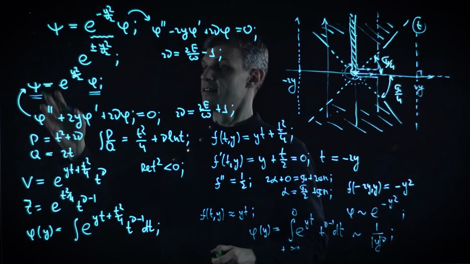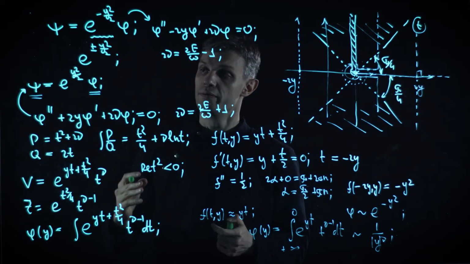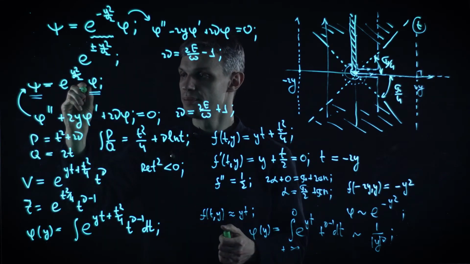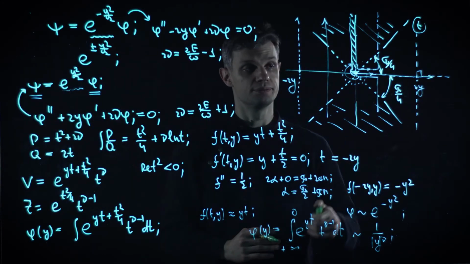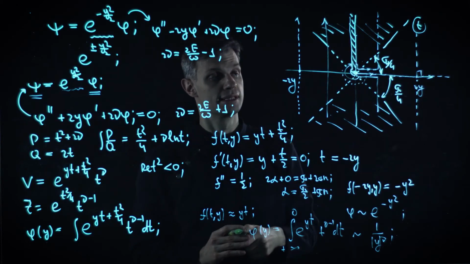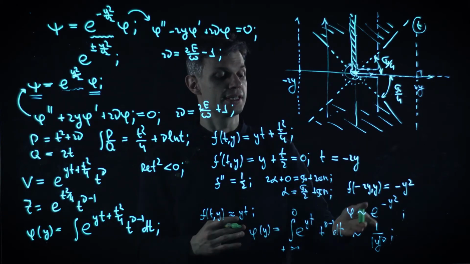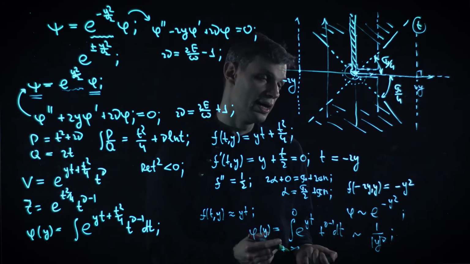And that means that the original psi function, the wave function of our Schrödinger equation, will blow up due to the presence of the first exponential term. So due to the presence of this branch point, we got the wrong asymptotics at large and negative values of y.